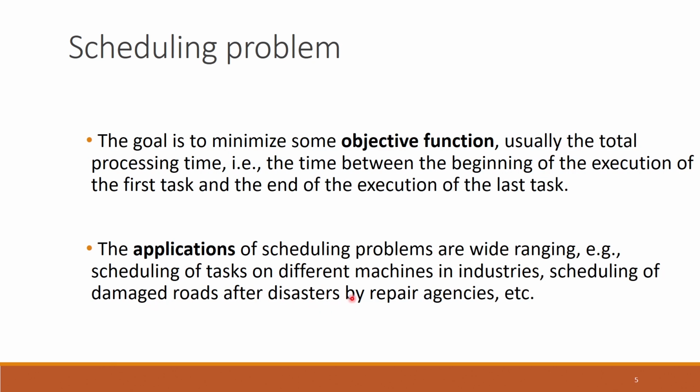So for example, after a disaster, suppose there are multiple roads that are damaged or blocked. If you only have a particular repair agency and it can only repair one road at a time, in which sequence should it go so that it attains some objective? For example, the objective could be to minimize the total system travel time during that repair duration.